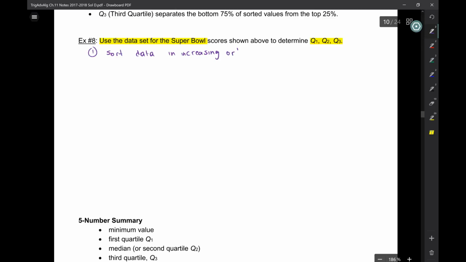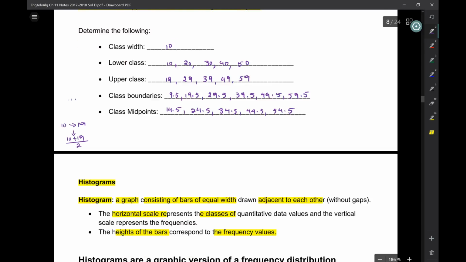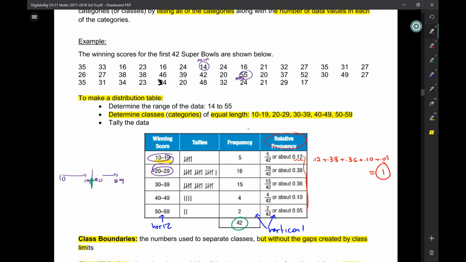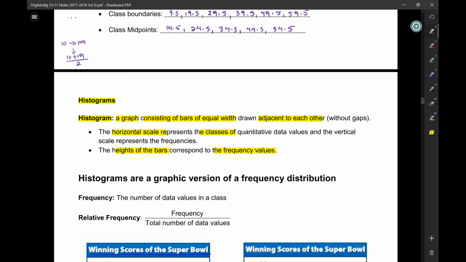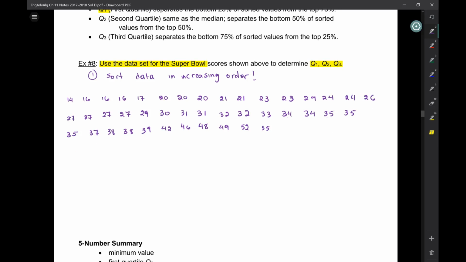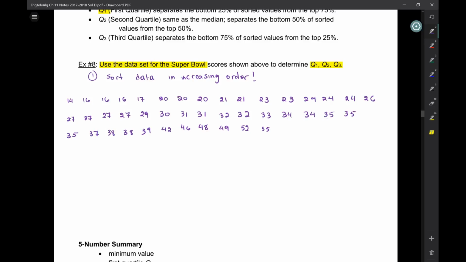You see this list here? We're going to sort them from smallest to biggest. And you just have to be super careful while you do that. All right, so let's do it. Let me stop this for a second. All right, so here's the list finally in all its glory from smallest to biggest in increasing order.